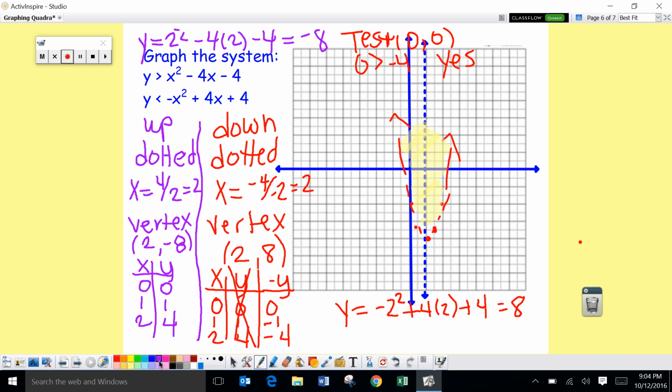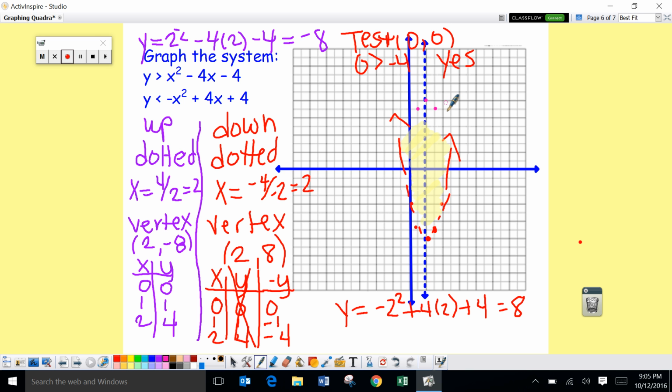So as I graph this, my vertex is going to be at 2, positive 8, and then I will use my parent function table and go over 1 and down 1.